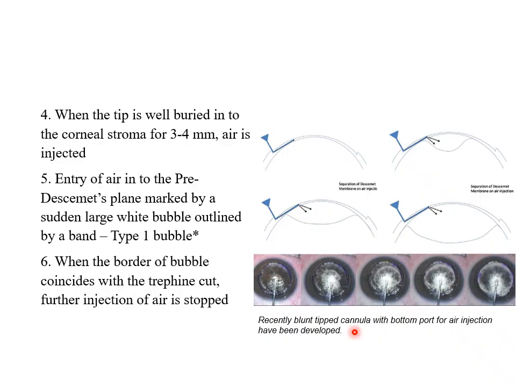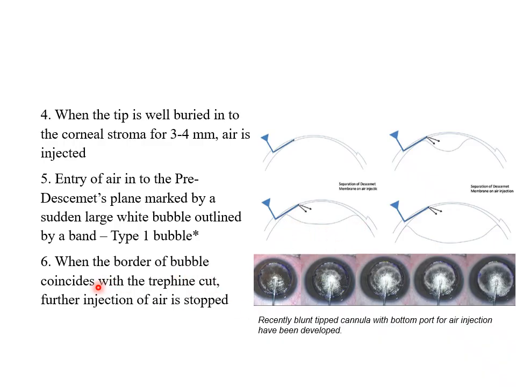Sometimes a type 2 big bubble is formed. That is when there is intra-Descemet membrane entry of the air. That is not a problem, because at the end of the surgery we are going to get rid of that type 2 bubble by placing air in the anterior chamber.